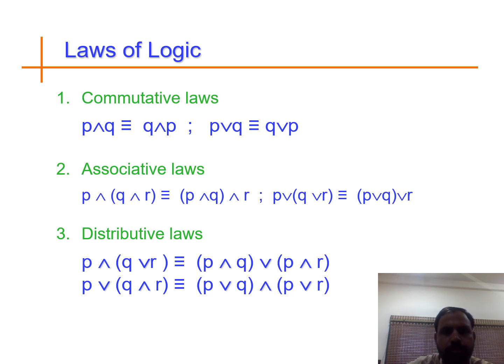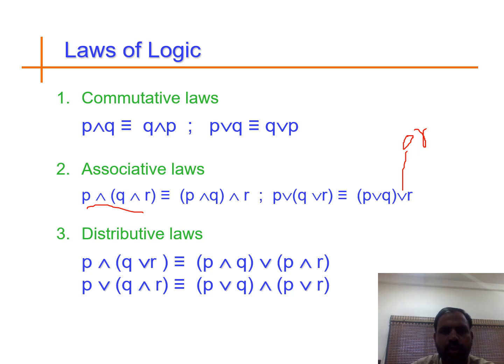Associative law. P and Q and R is equivalent to P and Q and R, regrouped, or you can say in OR, P or Q or R is equivalent to P or Q or R. Distributive laws.